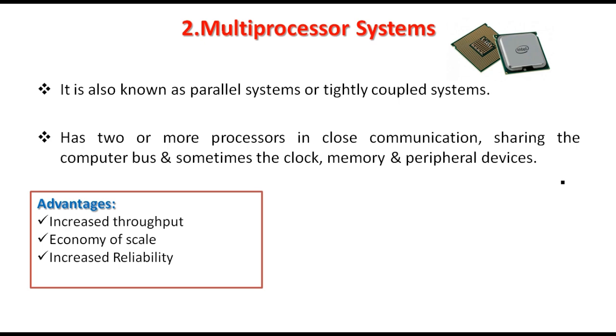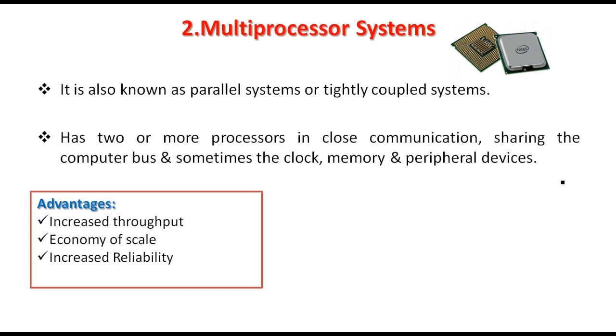Second is economy of scale. A multiprocessor system can cost less than the equivalent multiple single processor systems. Assume that we have 10 single processor systems. Every system has its own peripheral devices, memory, clock, registers, etc. But what happens when a multiprocessor system is used?